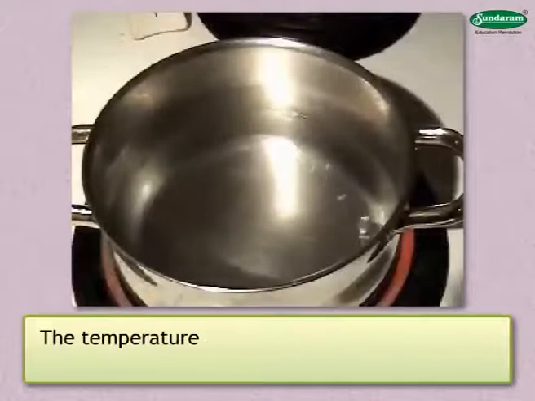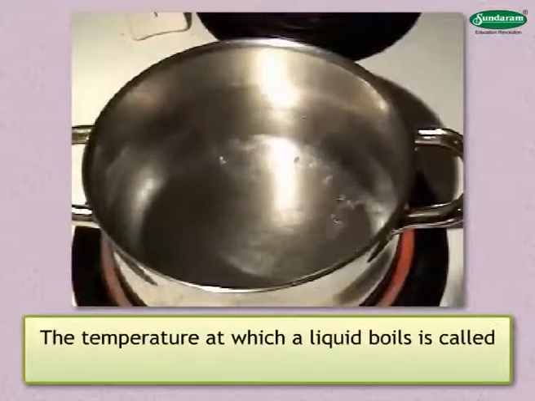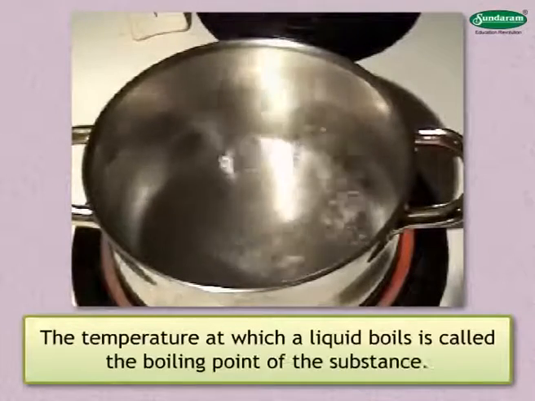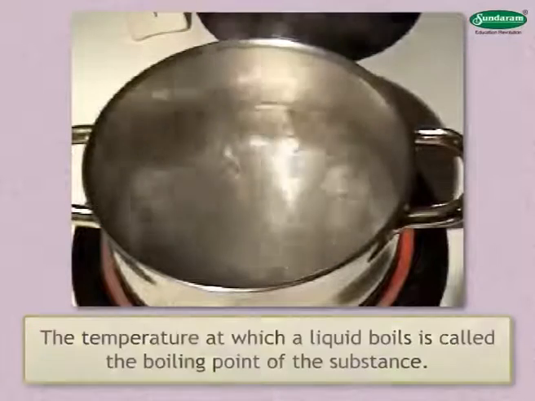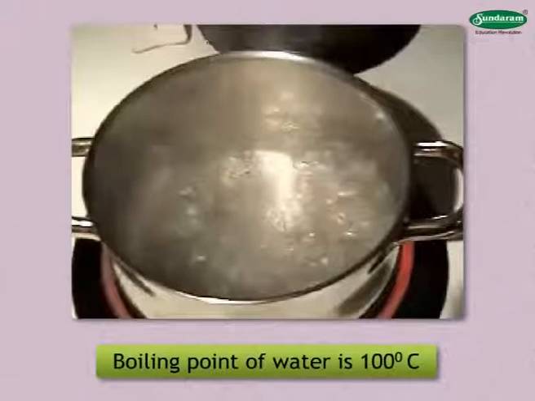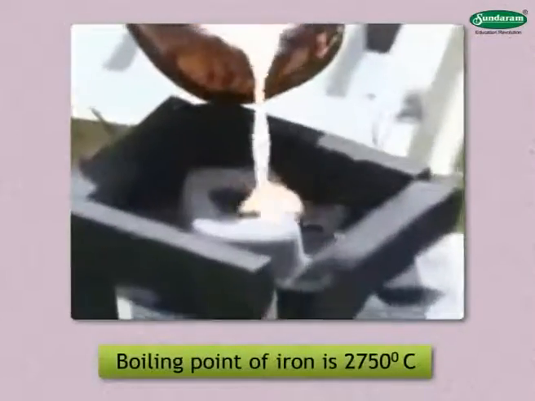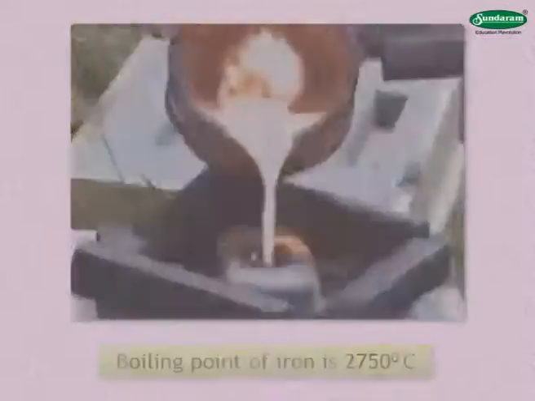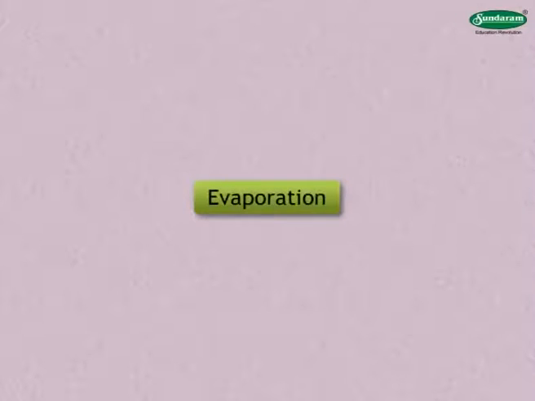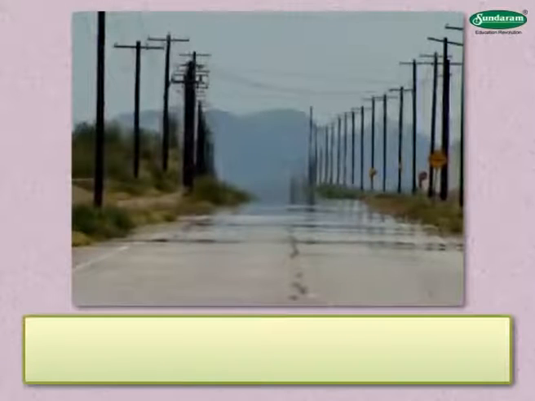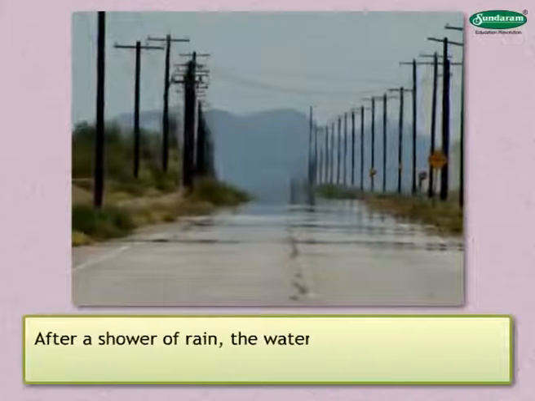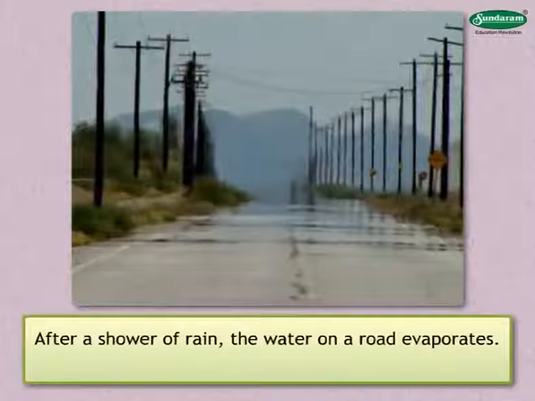The temperature at which a liquid boils is called the boiling point of the substance. Example, boiling point of water is 100 degrees Celsius, while that of iron is 2750 degrees Celsius.